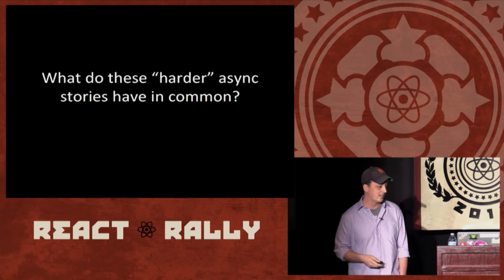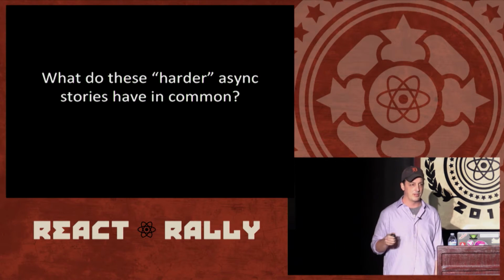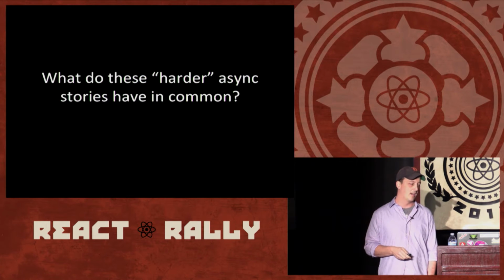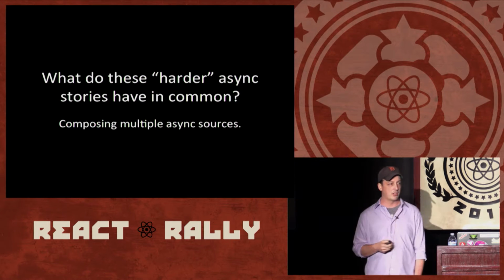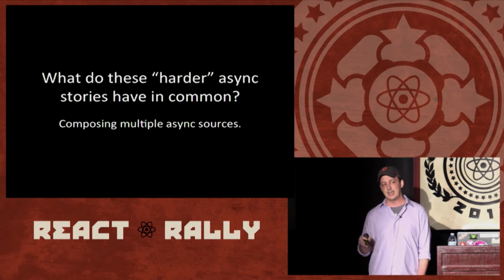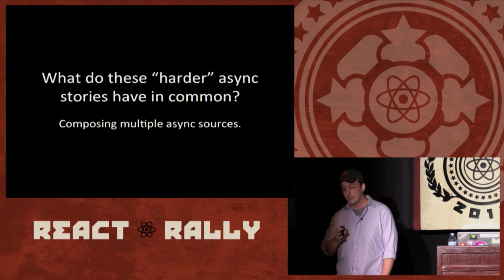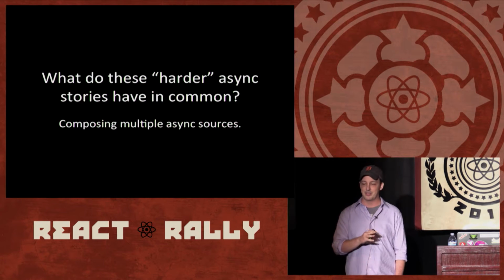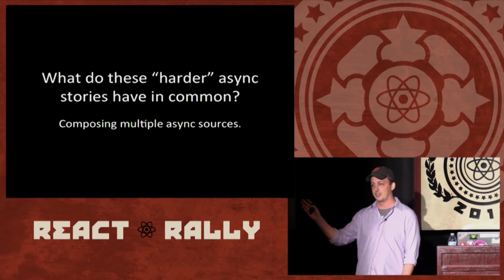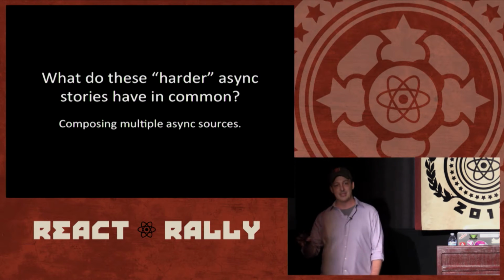So these things all have a few things in common, all of these more complicated async tasks. One is they're all composing multiple async sources. So the drag and drop is a perfect example of that. You're only really listening for mouse down on something at first. But when you get that mouse down on this target thing you want to drag and drop, now all of a sudden you're like, well, wait, let's add an event listener for mouse movements and mouse ups.